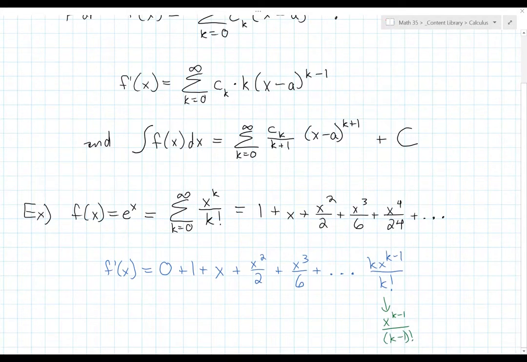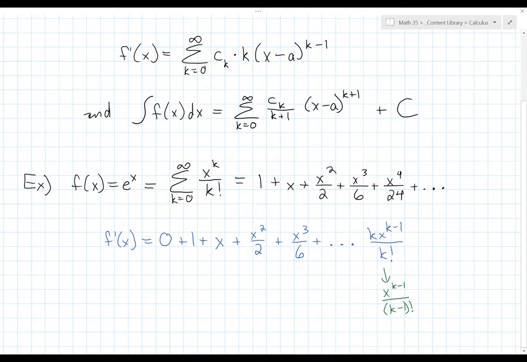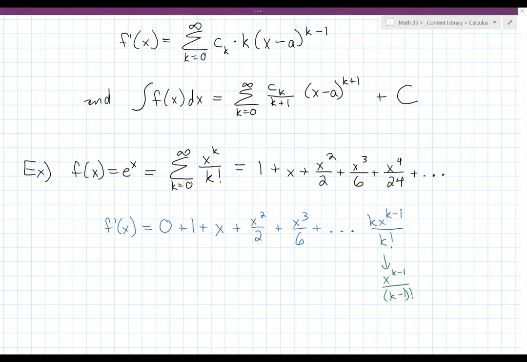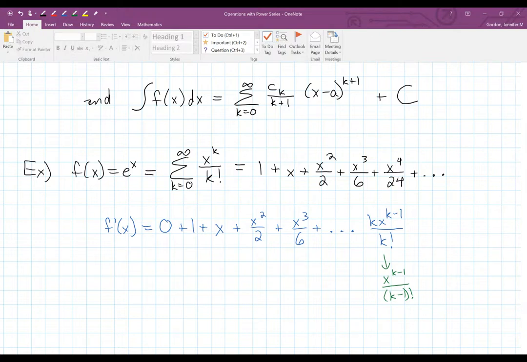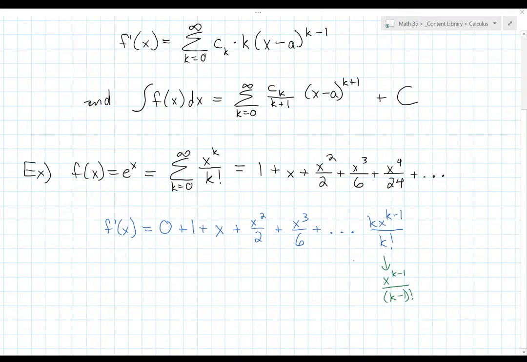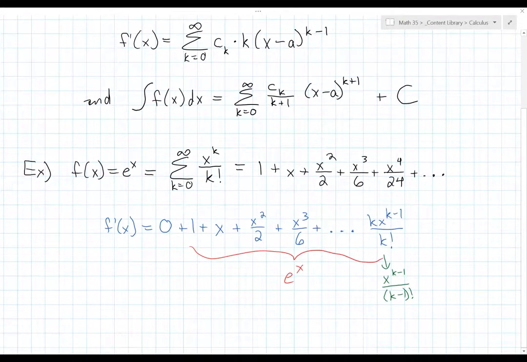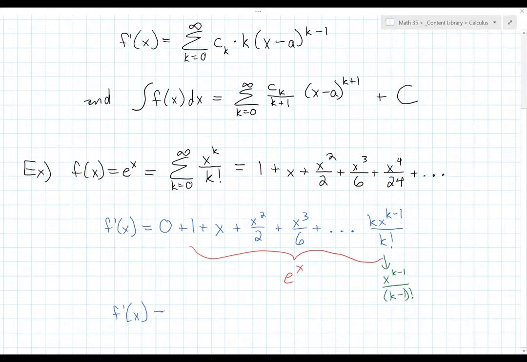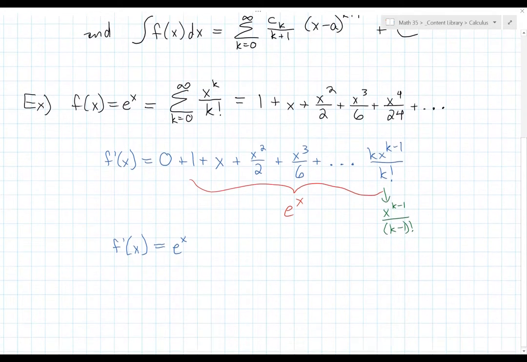In this case, though, our k's are starting at 1, because we need to get back to that constant term at the start, so that we would have k minus 1, so 1 minus 1 is 0. Essentially, looking at all of this, that is e to the power of x. So we can see exactly what we expected to see. There should be no surprise here that the derivative of e to the power of x is e to the power of x. So we see that showing up in that Maclaurin series.